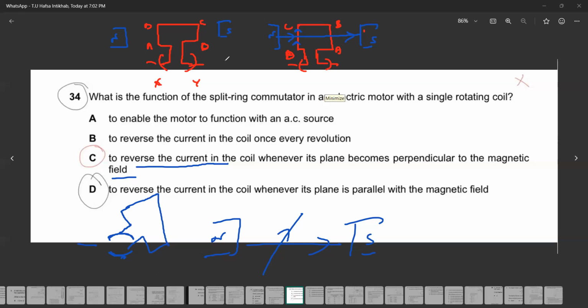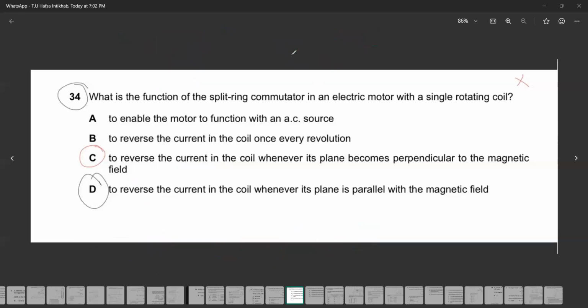The plane of a coil is different, and the coil being horizontal or vertical is a different thing. Is it clear? So the plane of a coil and the coil itself are different things.